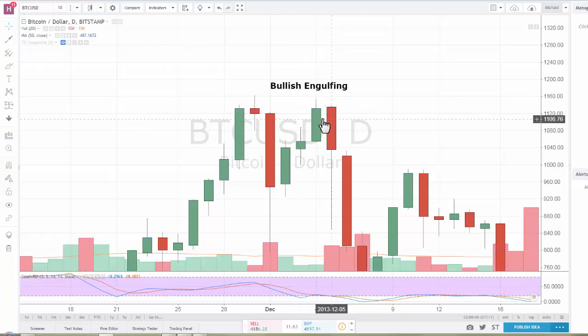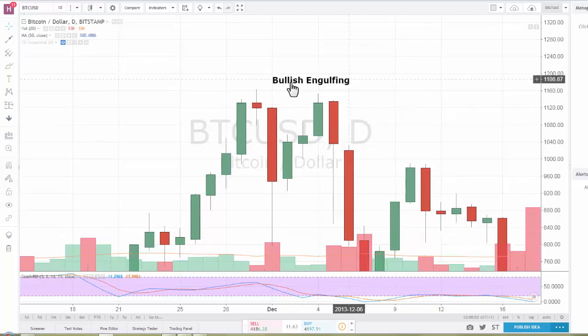If you can fit the three previous candles inside that candle, that's a very strong signal. So it's basically the same as this, but the other way around, with this being red and this being green. I hope this is clear.